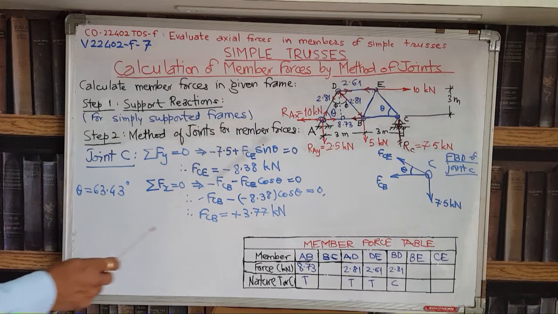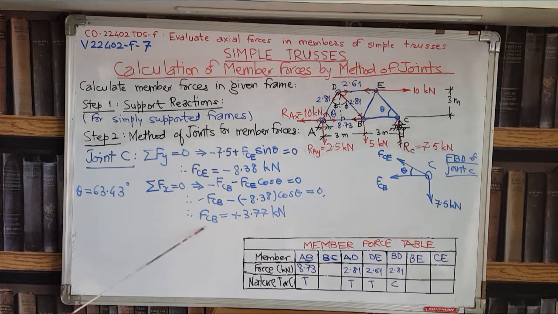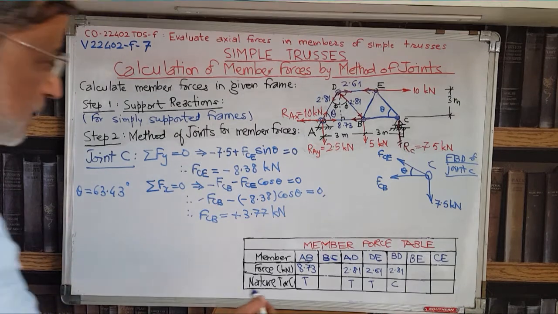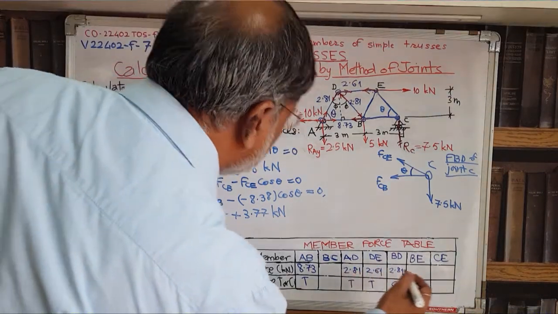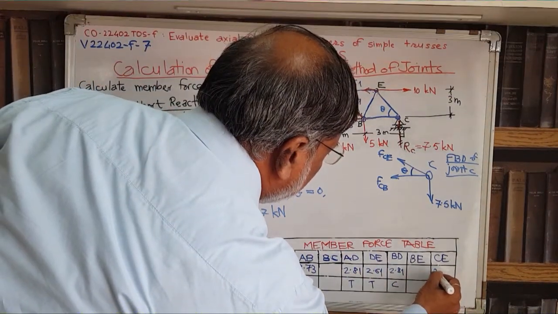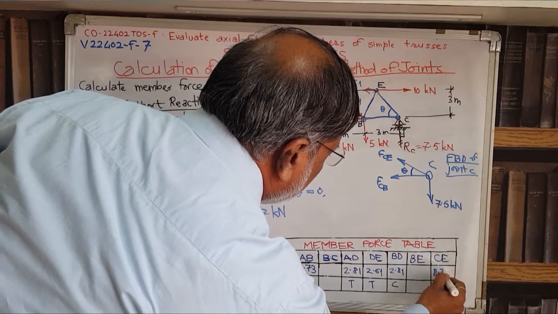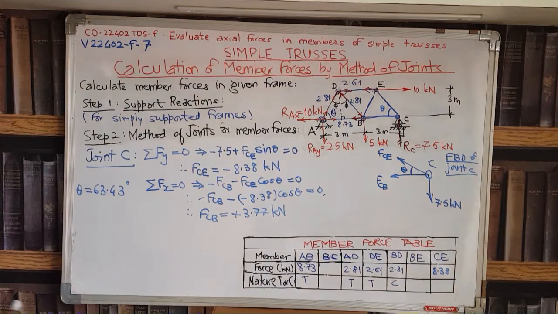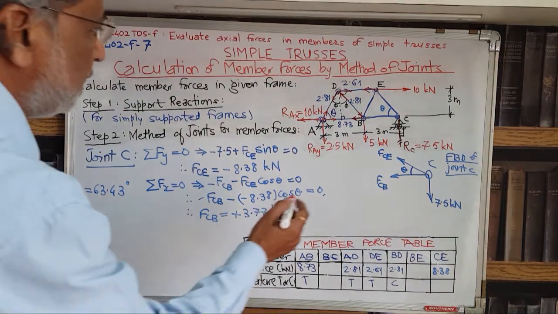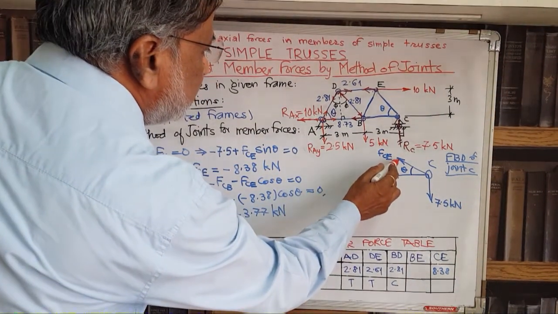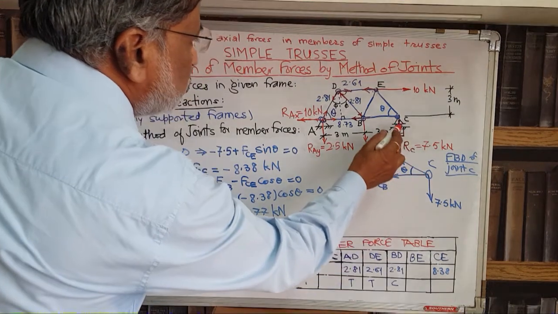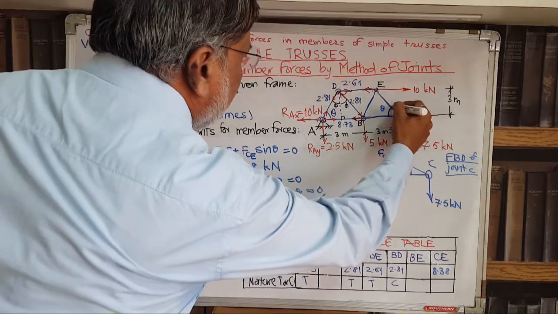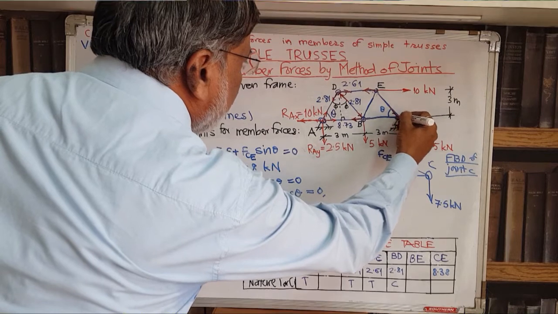So like this we have got the values of FCE and FCB. Let us write these values here. FCE is 8.38. We will show it here also. FCE, its direction is not like this, it is to be reversed. Look at joint C, its direction is reversed, so it will be towards the joint.